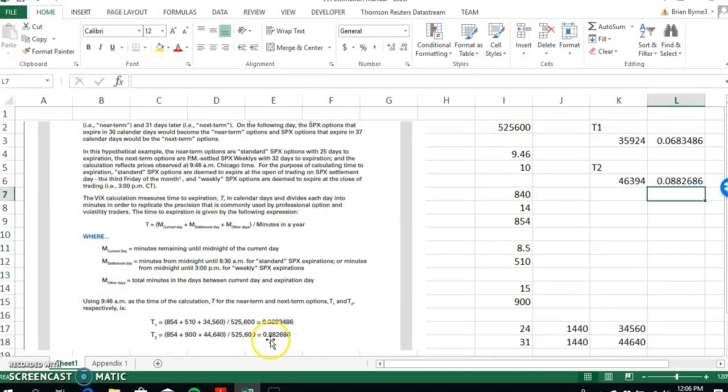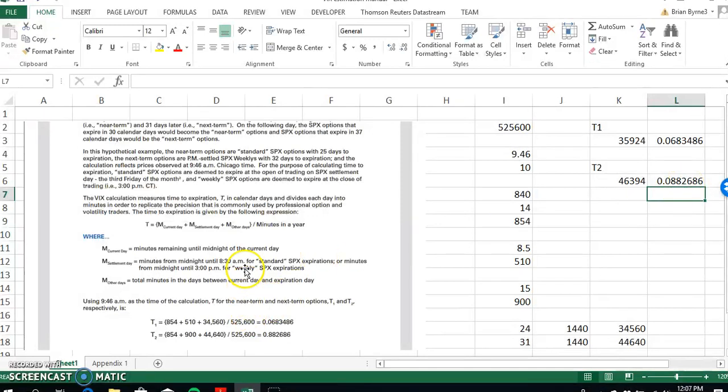Okay, and that's just a little misprint here on this document. Just a note on the T2 figure here, it's not 0.882, it actually should be 0.0882, and that would make sense.